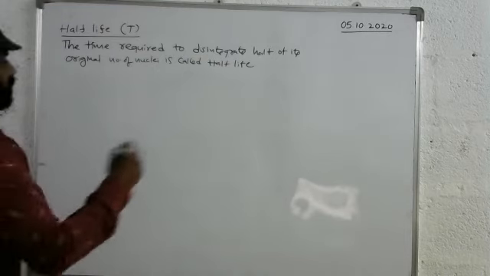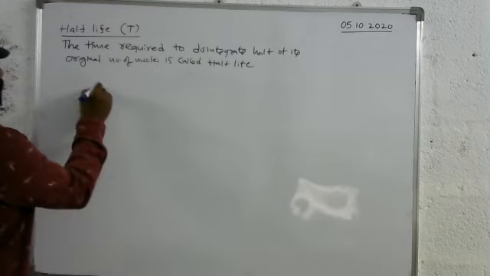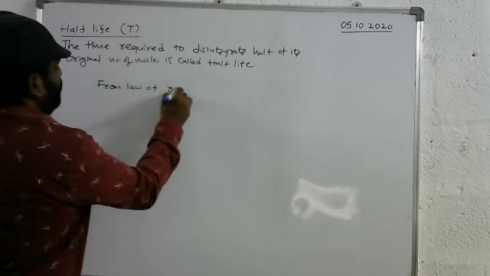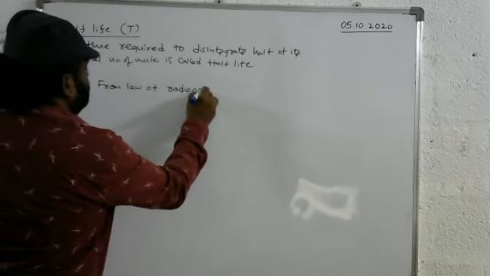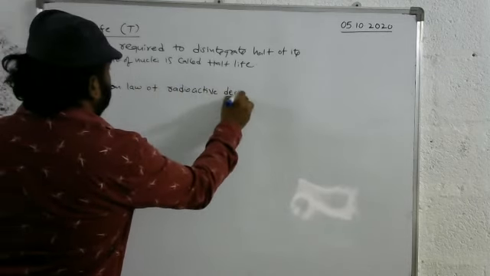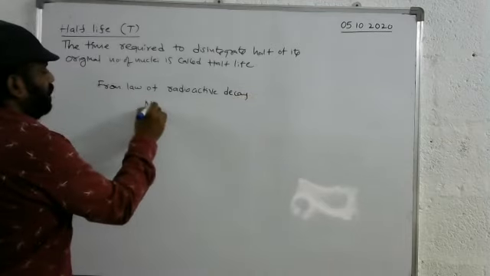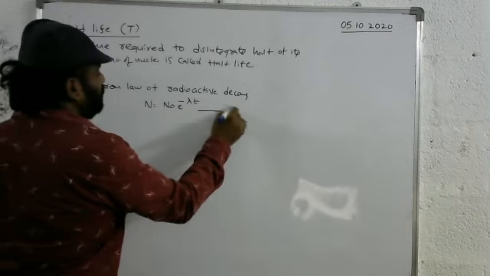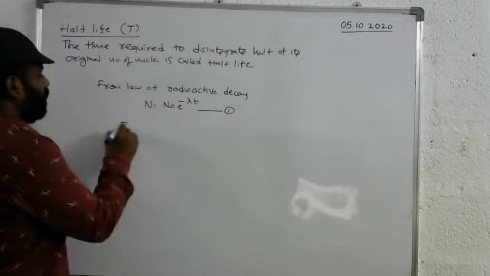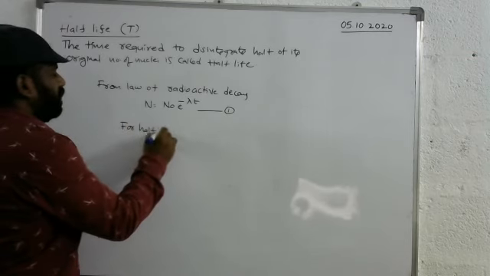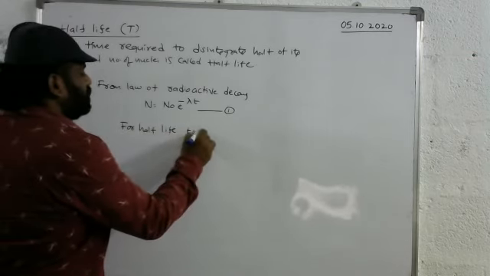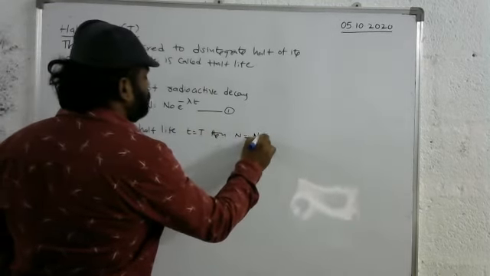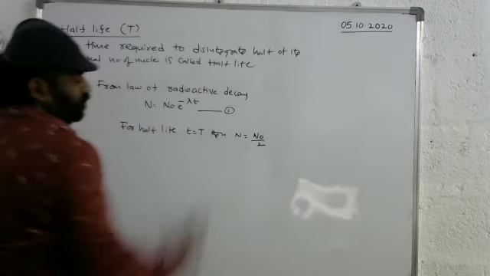Now let us derive the equation from the law of radioactive decay. From the law of radioactive decay, we have N equal to N naught into e power minus lambda t. Let it be the first equation. For half-life, put t equals T, then the number of nuclei is half the initial, N by 2.